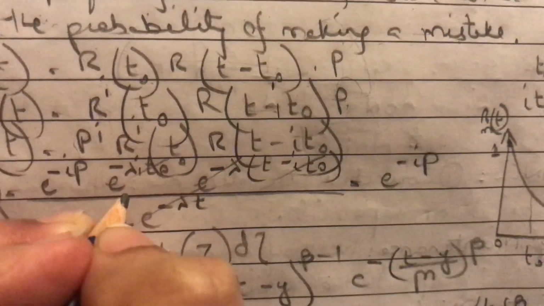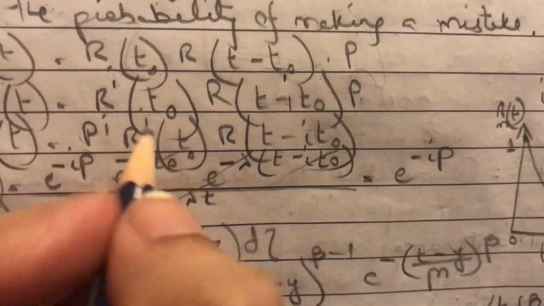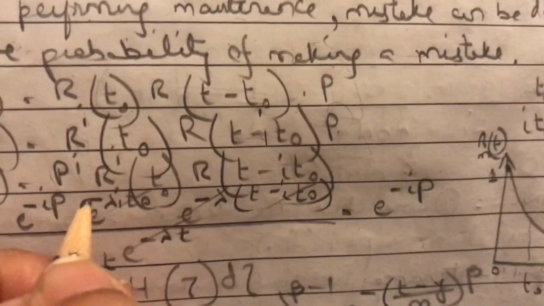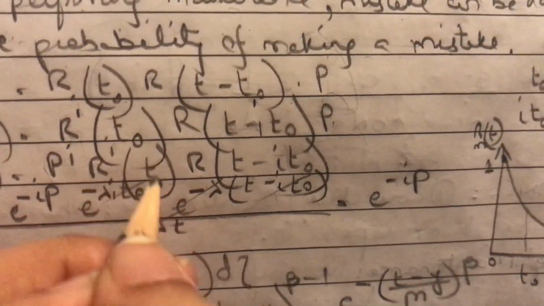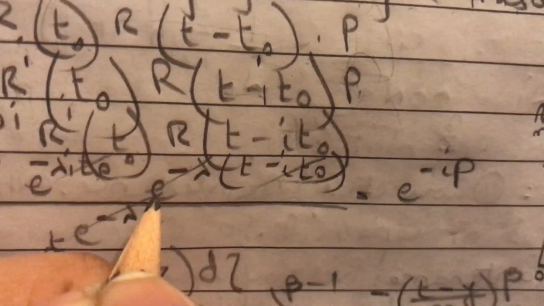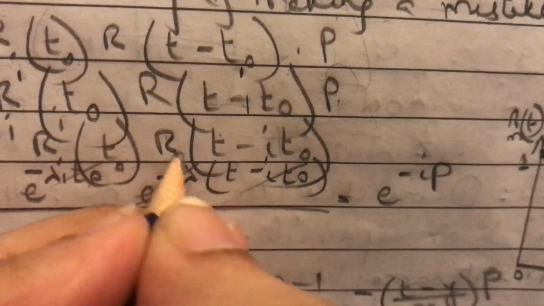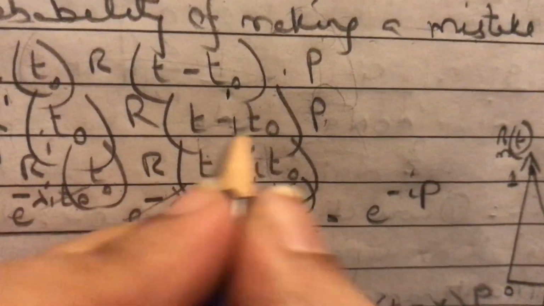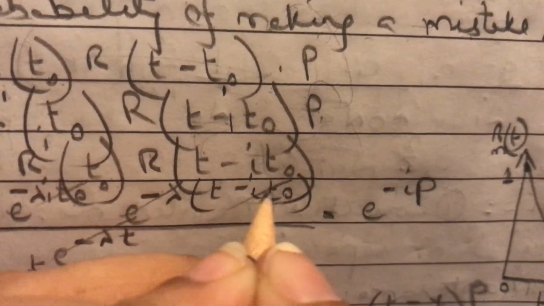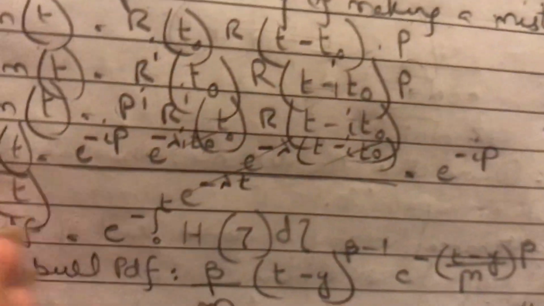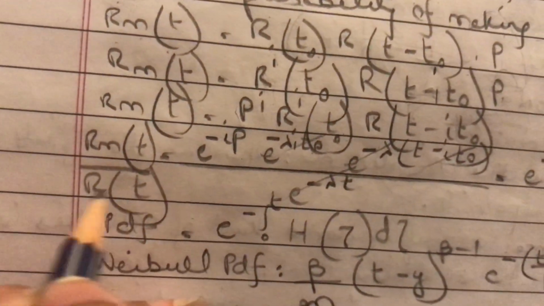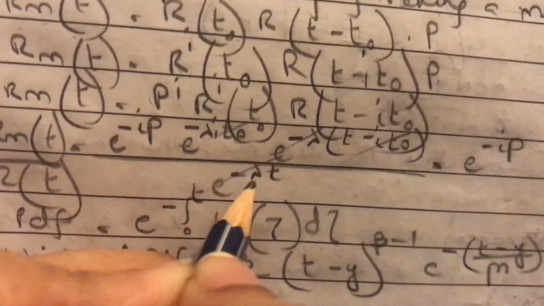You remember R equals e at the minus lambda t, so this is minus lambda it0, and this is R(t minus it0), so this becomes e at the minus lambda, t minus it0, and the rest down there is R of t, that is e at the minus lambda t.